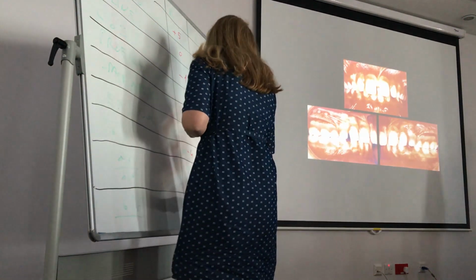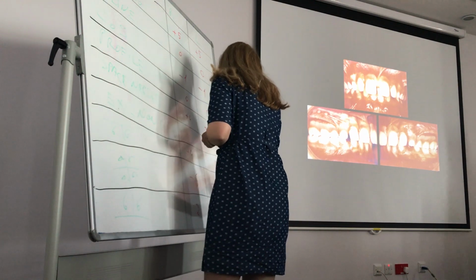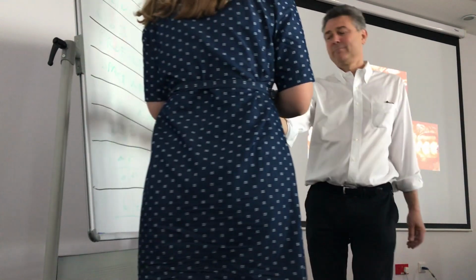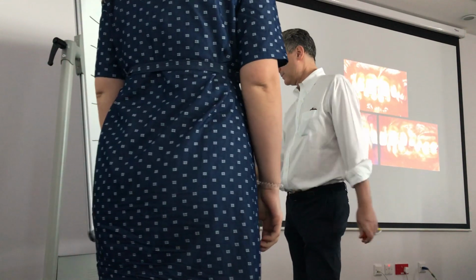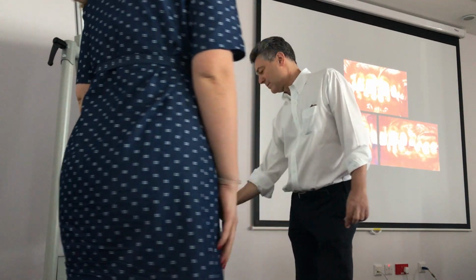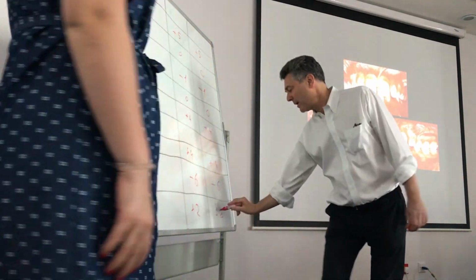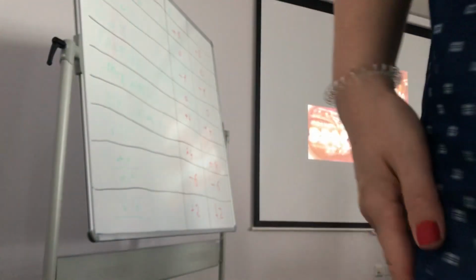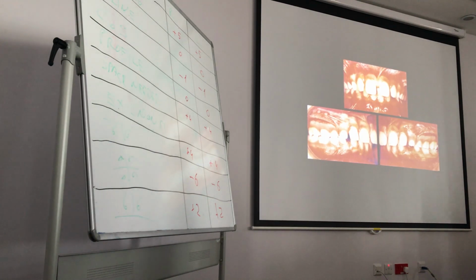Exactly. And everything should match. In other words, we have decided that we distalize the molar 2 millimeters. We decided that this incisor position is pretty good, and we expect some mandibular growth.